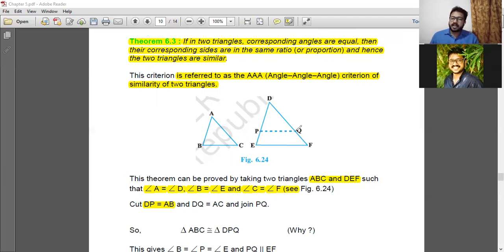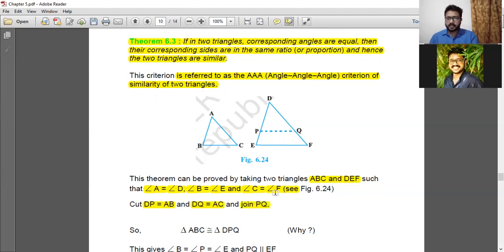Similarly, you should mark a point Q on the line DF in such a manner that DQ should be equal to AC. Okay, so we have taken all that. DQ is equal to AC, and join this PQ.